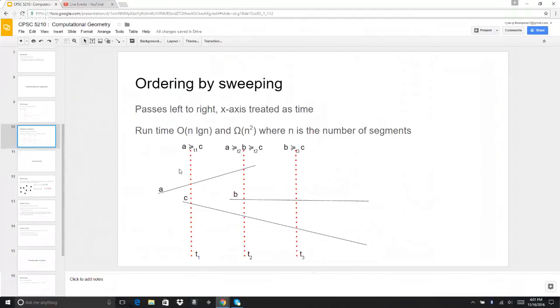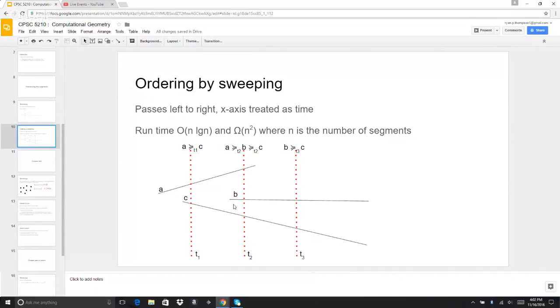Having this methodology, you can see at different time intervals, we have a different set of comparable line segments and a different set of which ones are above each other. So at T1, A is above line C, and it's also comparable.